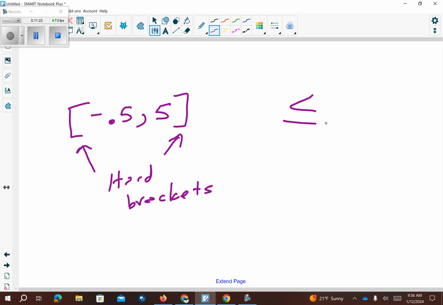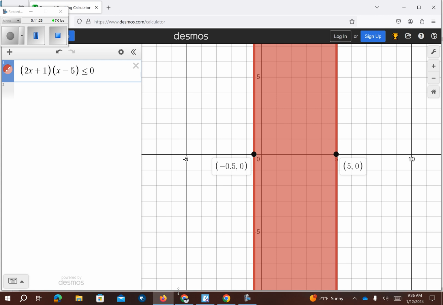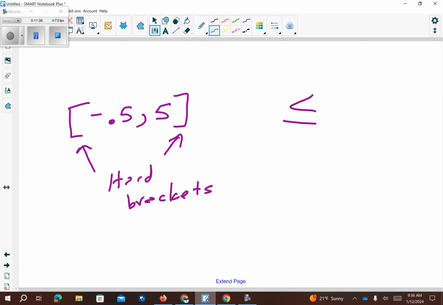And the reason these are hard brackets is because I have this sign right here. Oh, actually I said it wrong. Did I plug it in right? It's less than, yeah. Okay, if I plug in anywhere between negative 0.5 and 5, my answer would come out to be a negative answer. I said it wrong originally. I apologize.